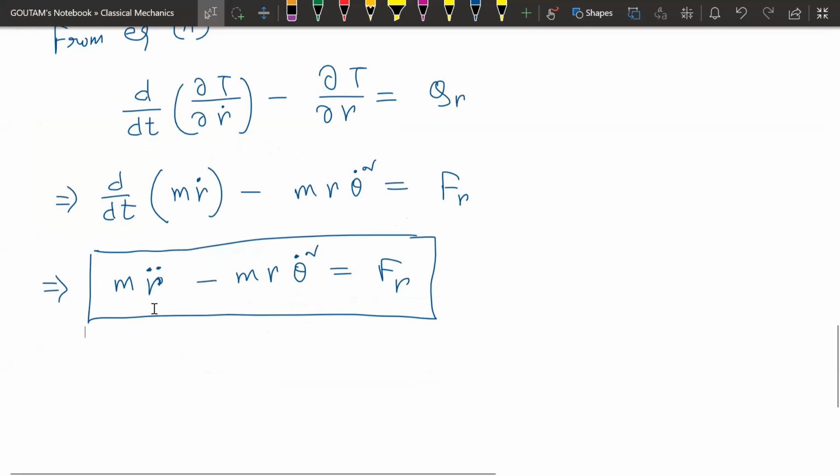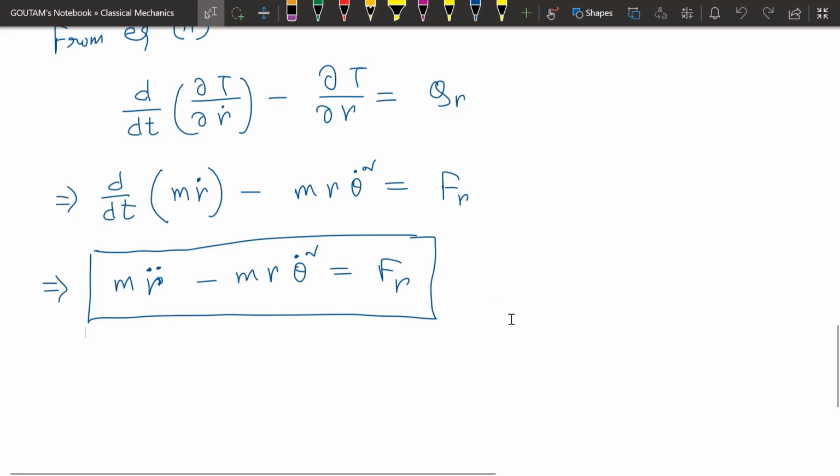R double dot is the acceleration along the radially outward direction. So m r double dot is mass times acceleration along the radially outward direction. And what is F_r? F_r is the force acting on the object along the radially outward direction. So here we cannot directly apply Newton's second law, that is force equals mass times acceleration.